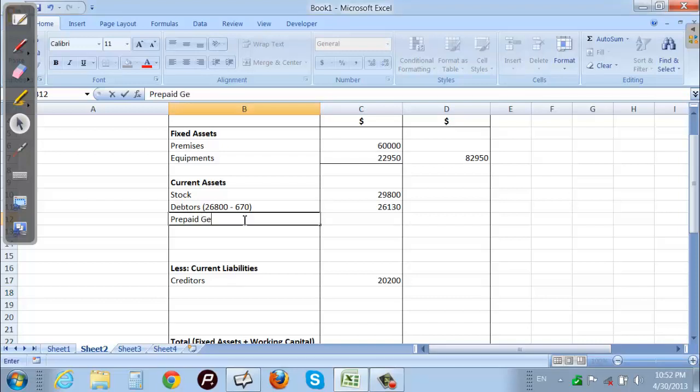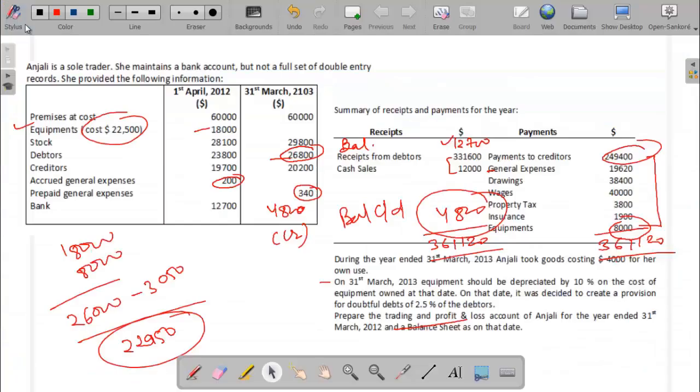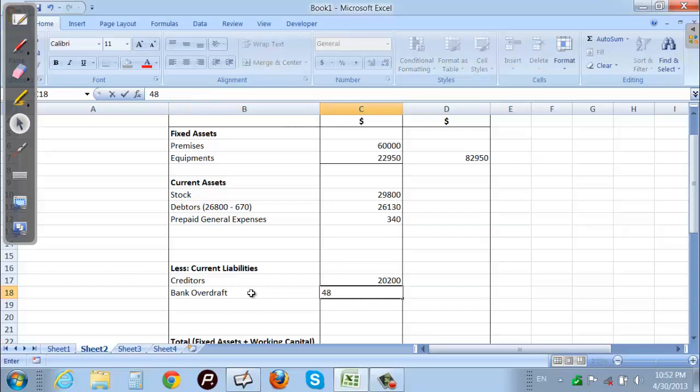Prepaid general expense, and the amount is $340. After this we have bank balance, but on the last day there is negative bank balance, $4,820. This is bank overdraft, so this will come under head current liabilities. Bank overdraft $4,820.